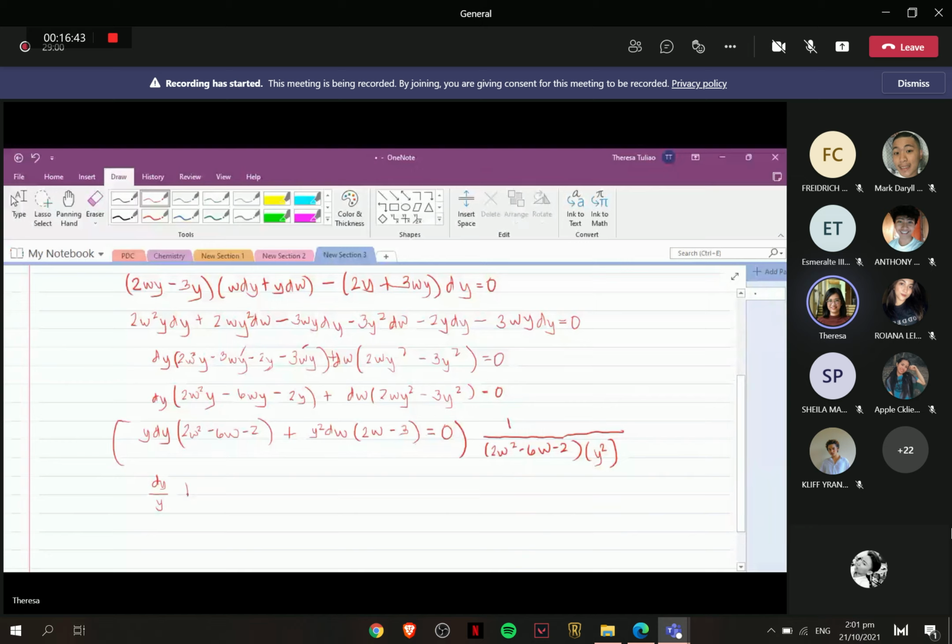So, ang matitira kasi makakancel si y squared, magkakaroon tayo ng (2w minus 3) dw all over 2w squared minus 6w minus 2 is equal to 0. Okay, so yan na yung resulting differential equation.